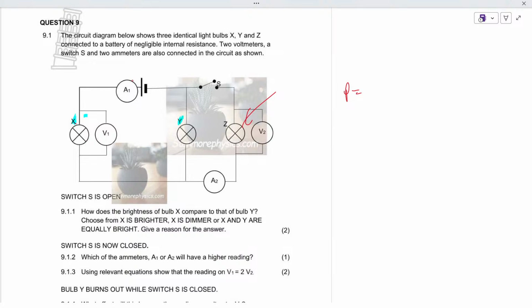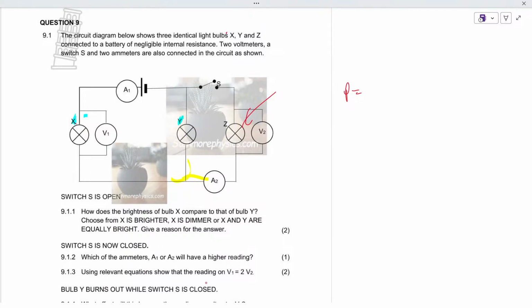The way to determine that is that when current comes here, it's going to be divided, to here and here. So this one gets a divided current, which is a smaller reading.